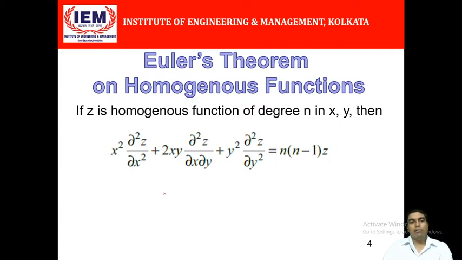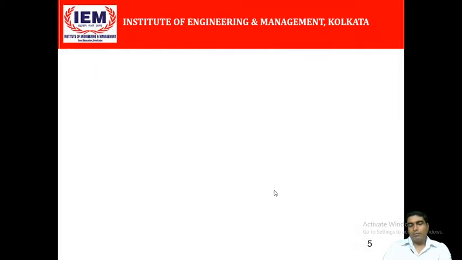Here this is the second order partial derivative of z with respect to x, this is the second order mixed partial derivative, and this is the second order partial derivative with respect to y of the function z. Now, by using this formula, I can derive some results.